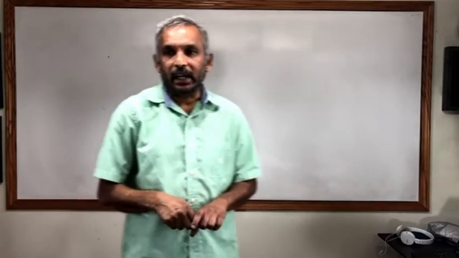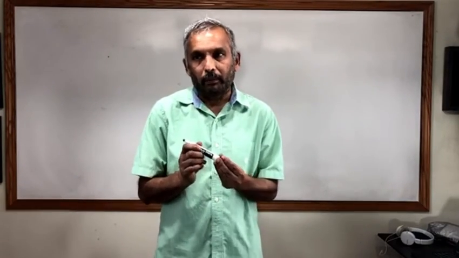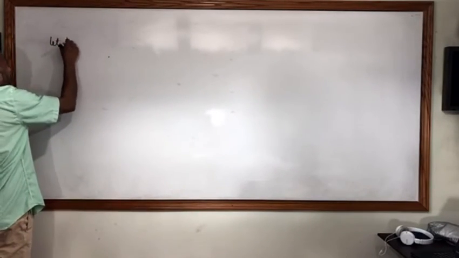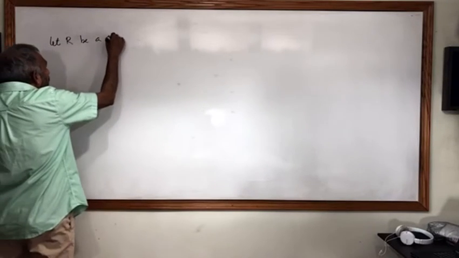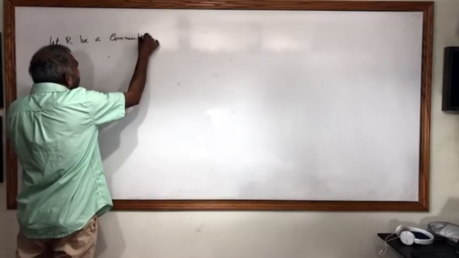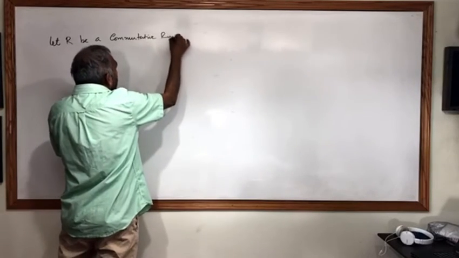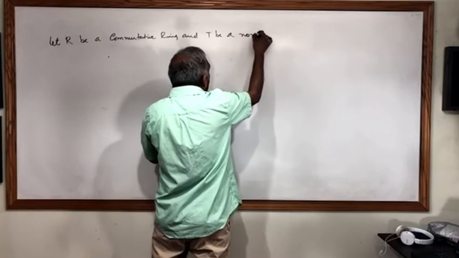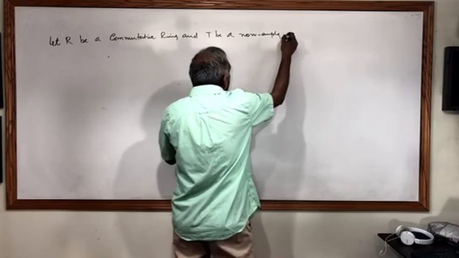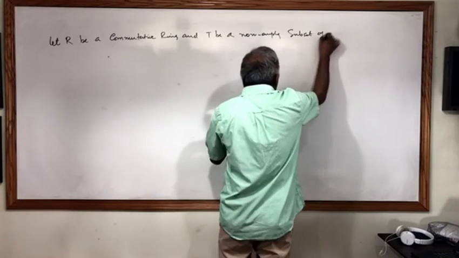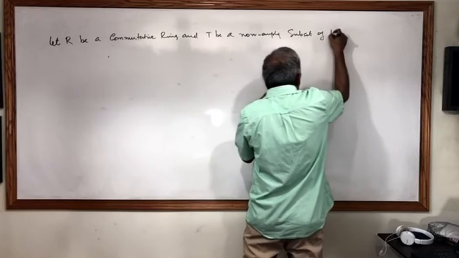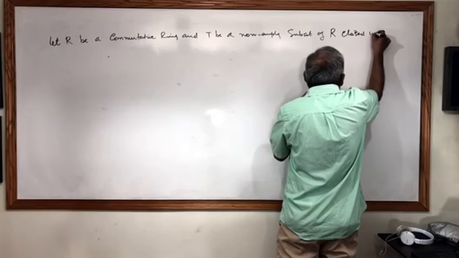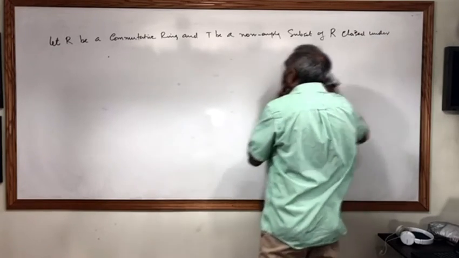So let us complete this chapter with one more problem. Let R be a commutative ring, and T be a non-empty subset of R closed under multiplication.